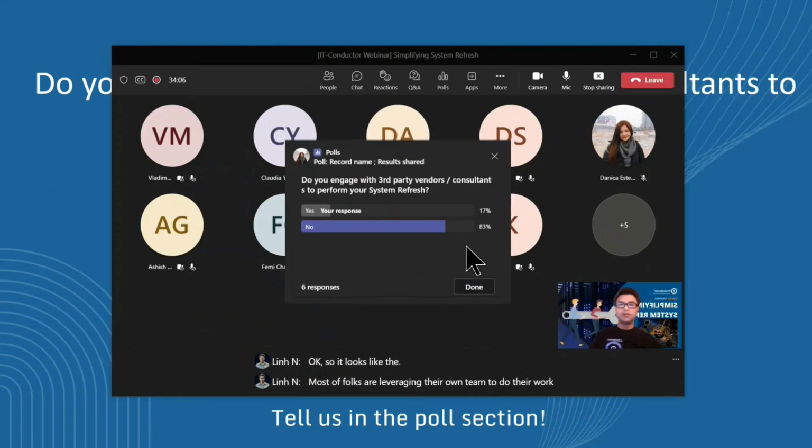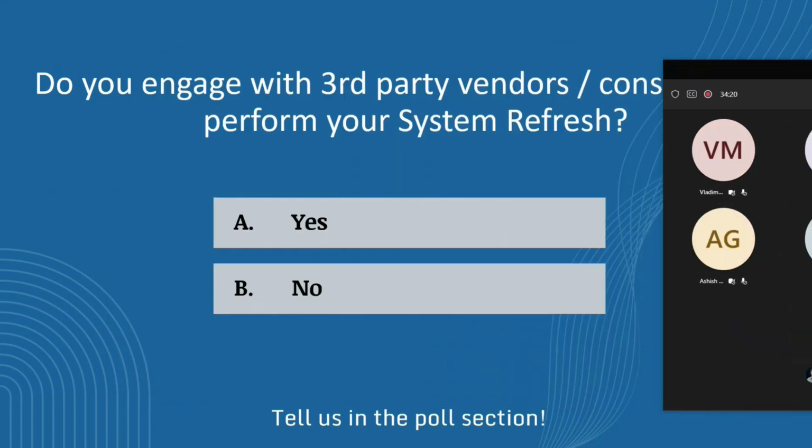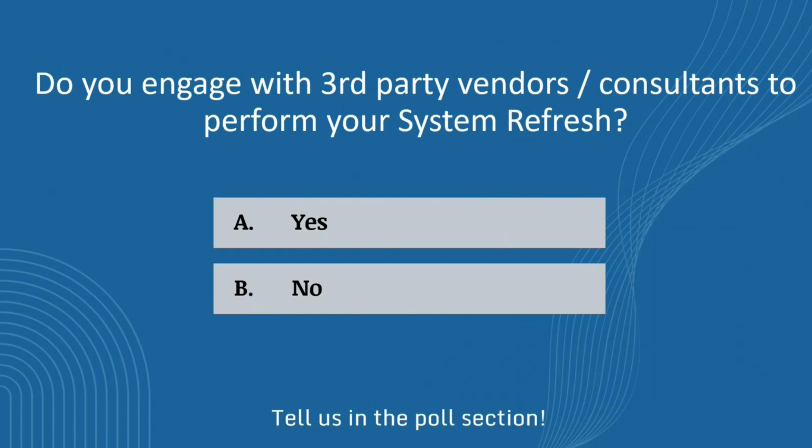That means you contain and you have most of the knowledge to manage the operation and the process of it. So what we do find is that a lot of large entities do use third parties, and even though they may be experienced in doing system refresh, it may be at other sites, they need to be trained in the customer environment. They need to be acclimated to the specifics of the environment for the customer that they're working on.